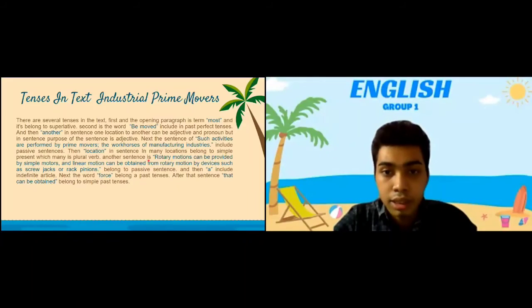Another sentence is rotary motion can be provided by simple motors and linear motion can be obtained from rotary motion by devices such as screw jacks or rack and pinions, which belongs to a passive sentence. And then a is an indefinite article. Next, the word force belongs to a passive sentence. After that, the phrase can be obtained belongs to simple past tense.